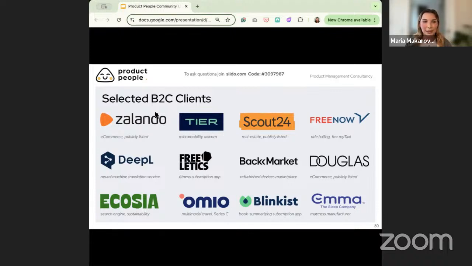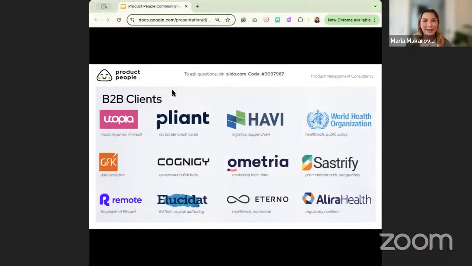I'm sure you've seen at least one or two of these companies, and we've helped them all over the years. And this is the slide with all different B2B clients, such as Ametria, World Health Organization, Sastrify, et cetera, et cetera. The list goes on.